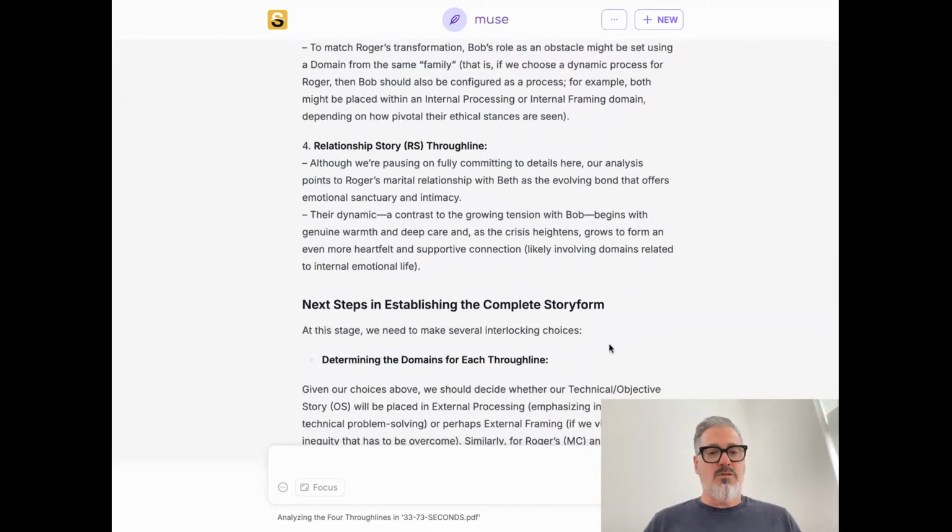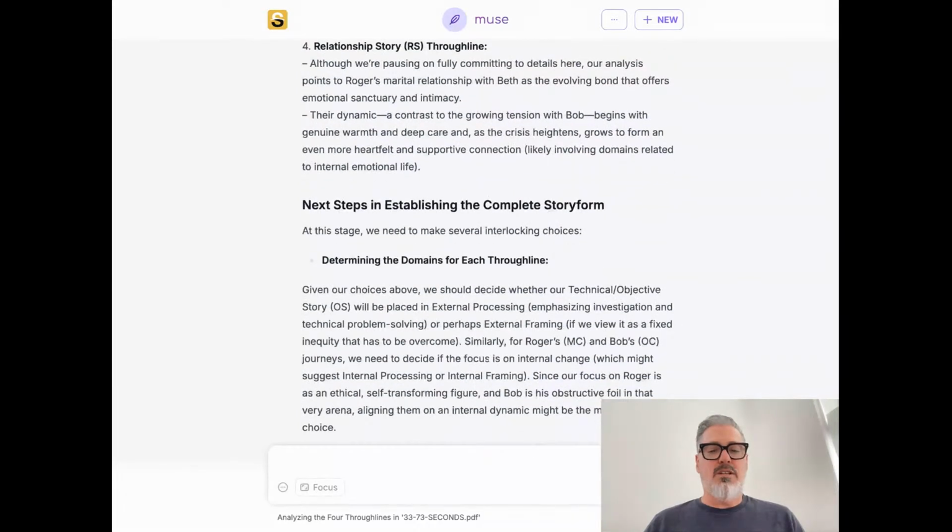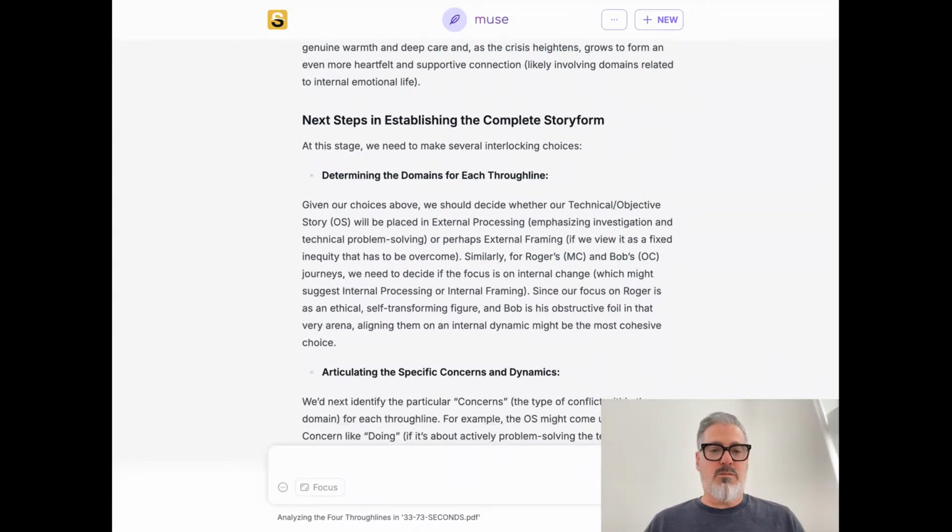All right, relationship story. Although we're pausing on fully committing to details here, super cool. Our analysis points to Roger's marital relationship with Beth as the evolving bond. And again, it also put it into internal emotional life. Very interesting. At this stage, we need to make several interlocking choices, which is kind of what I was explaining.